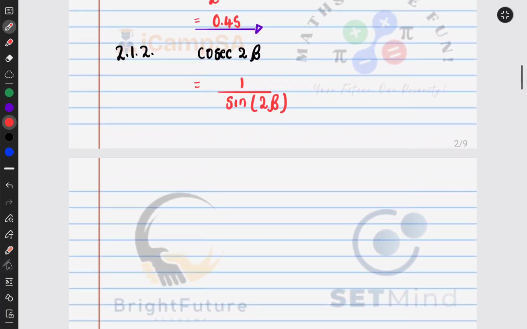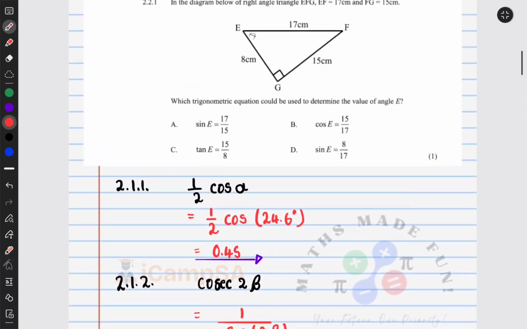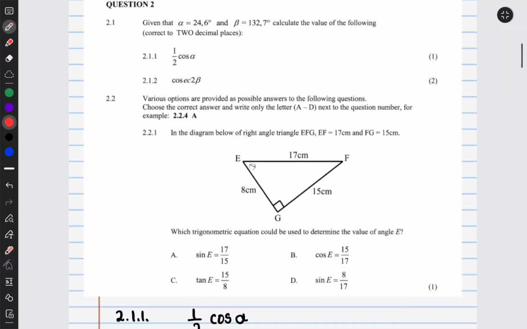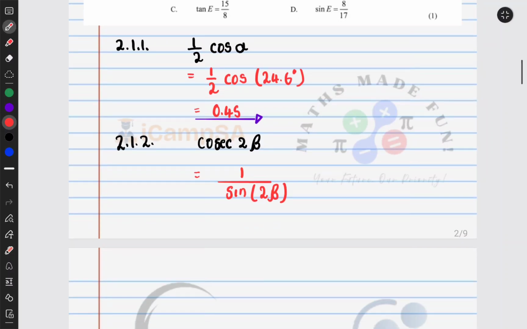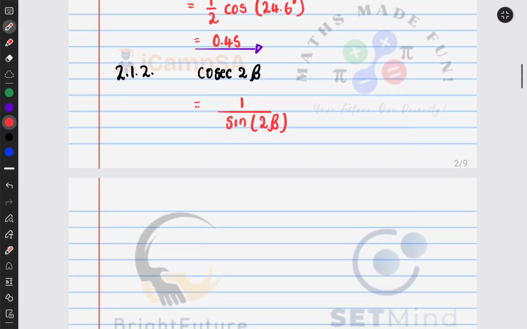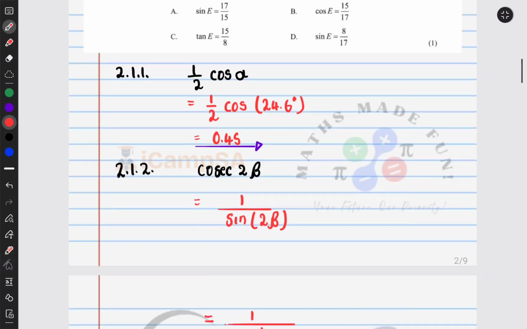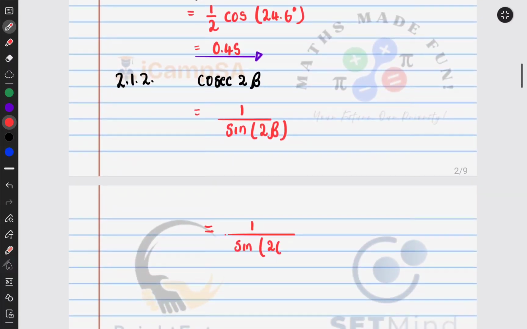Okay, and then once we are here, we can actually substitute the value of beta. What is beta? Beta is 132.7 degrees. So this is going to be equal to 1 over sine of 2 multiplied by 132.7 degrees.